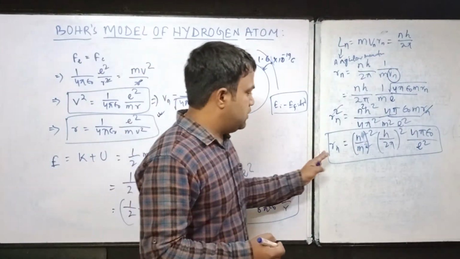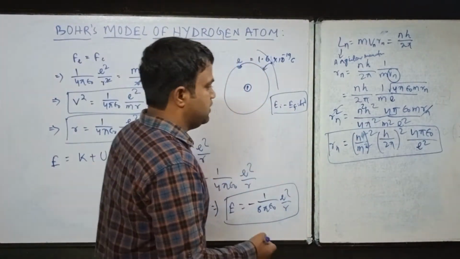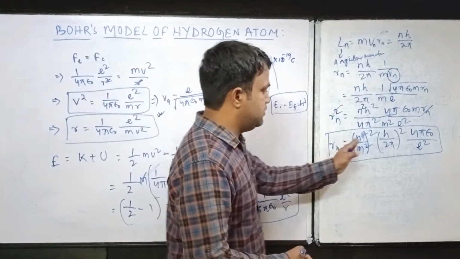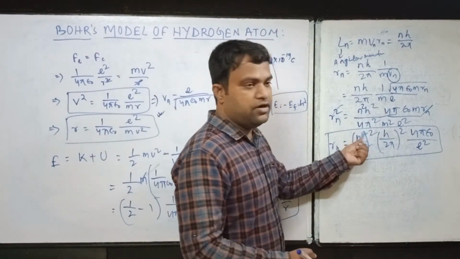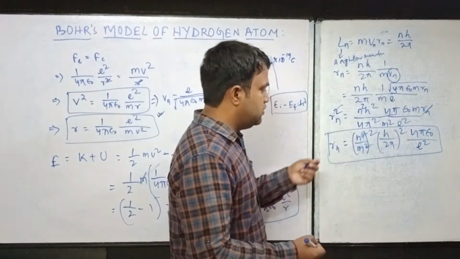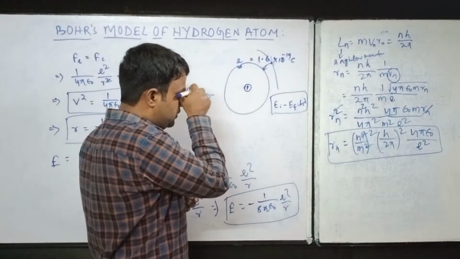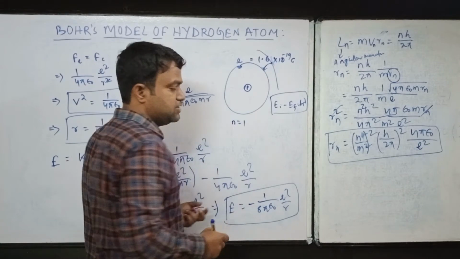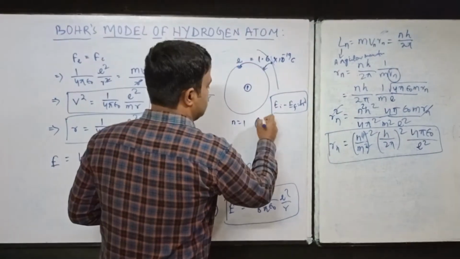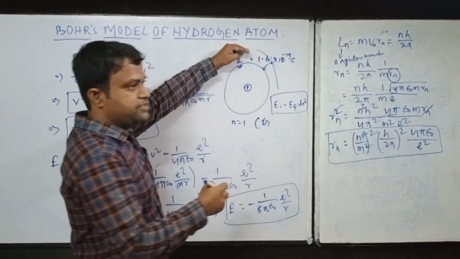So once we get Rn, if we calculate by putting n equal to 1, n equal to 1 means, let's say, the ground state of the hydrogen atom. This is the ground state. n equal to 2 is the first excited state.